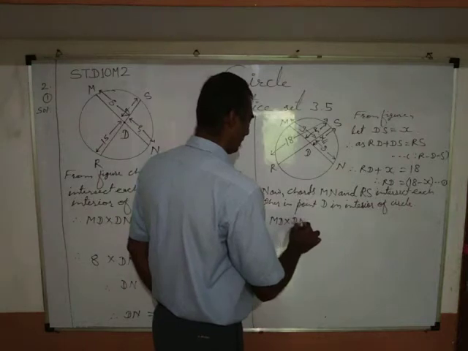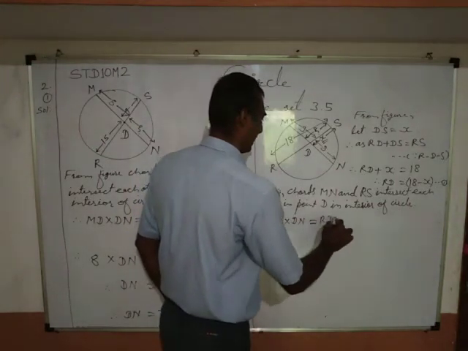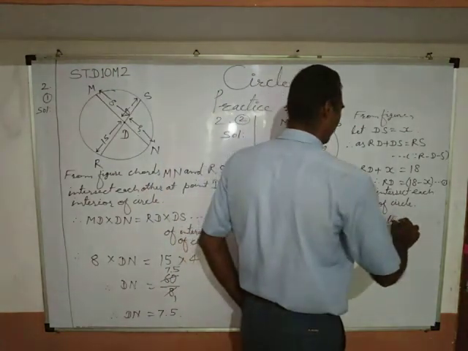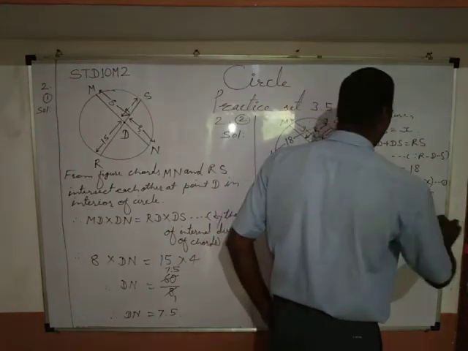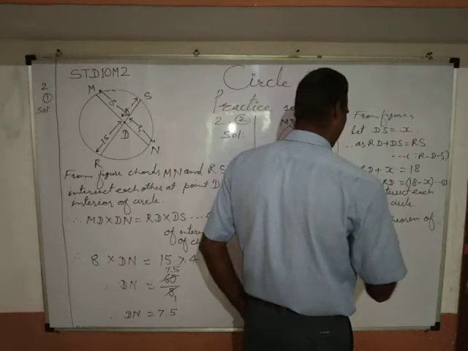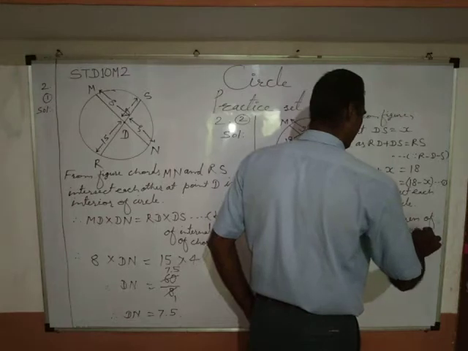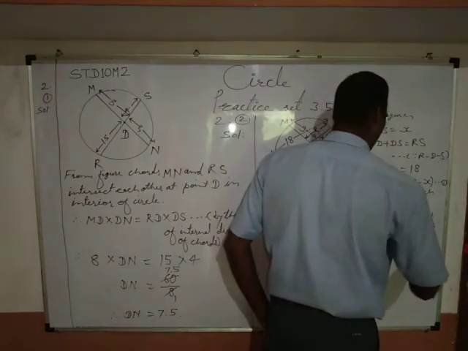into DN equals RD into DS by the theorem of internal division of chords.